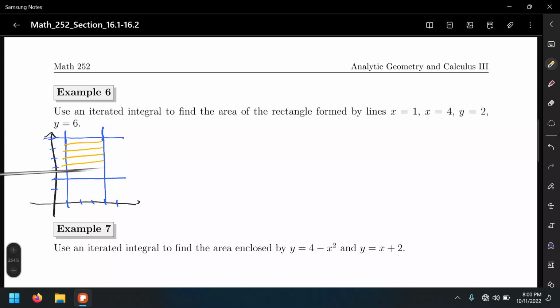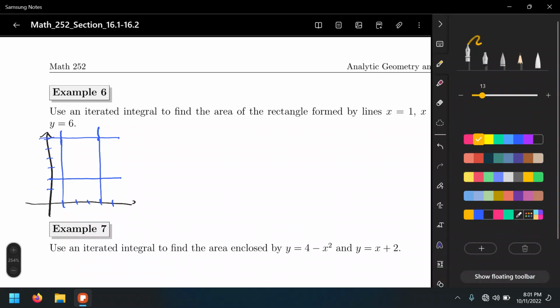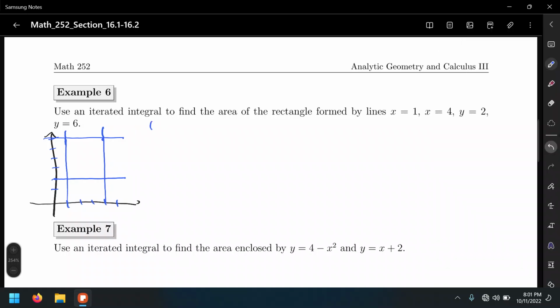It is. In some cases, it won't be the case. So that's how we know in this case we can go either way. So let's go with vertically simple. In this case, we're going to pick vertical strips to define this region.